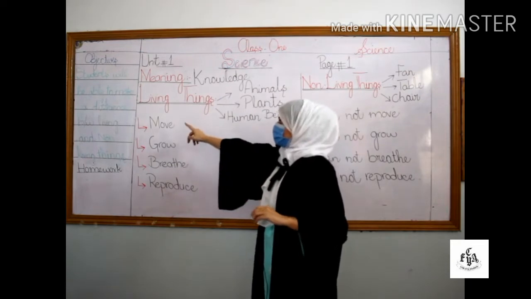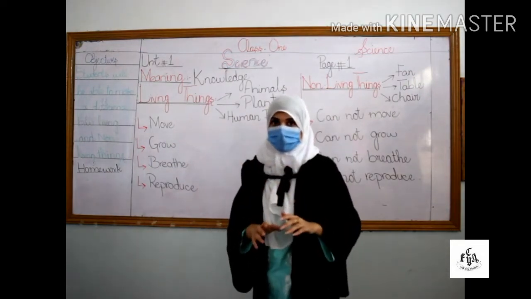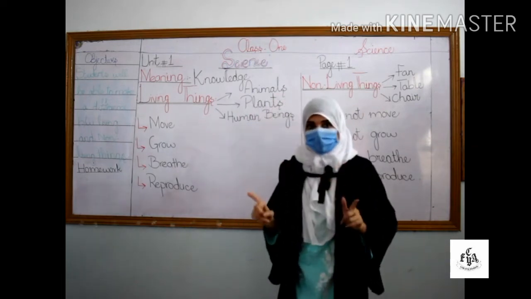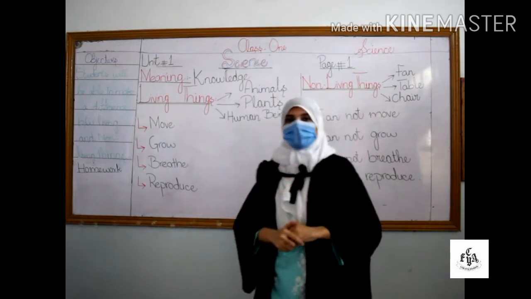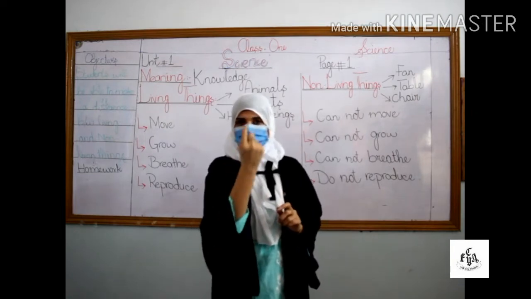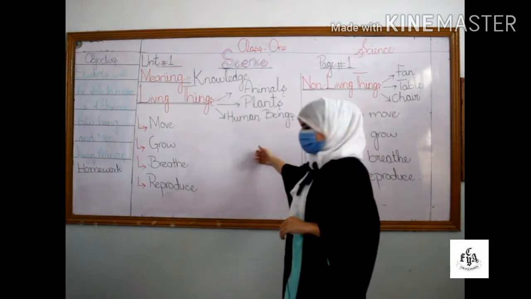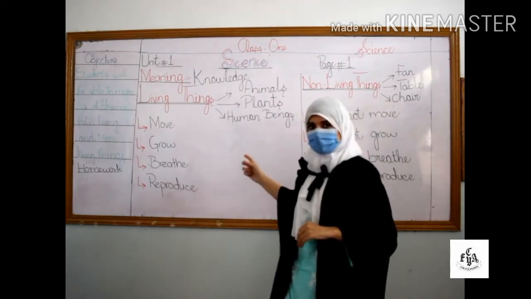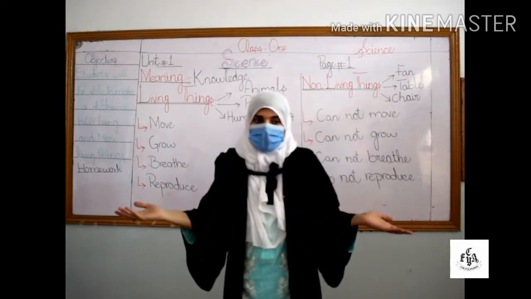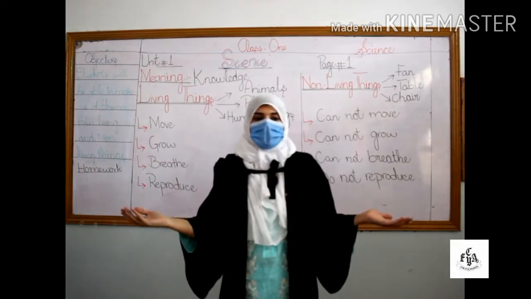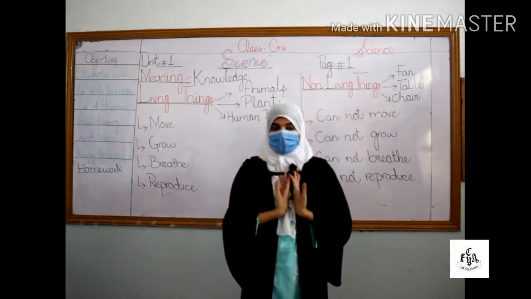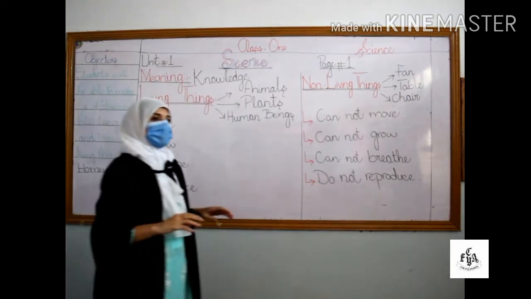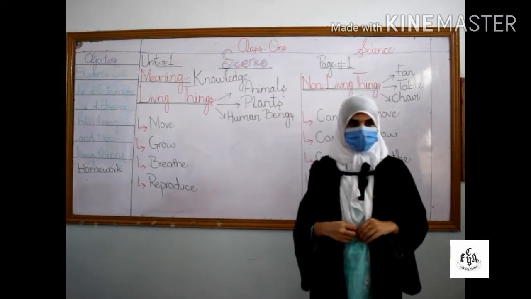Living things can move. Right? Living things can move. Let me explain it with simple example. What is this? It's a white board. Can it move? No, it cannot move. Look at me. I am moving from one place to another place.